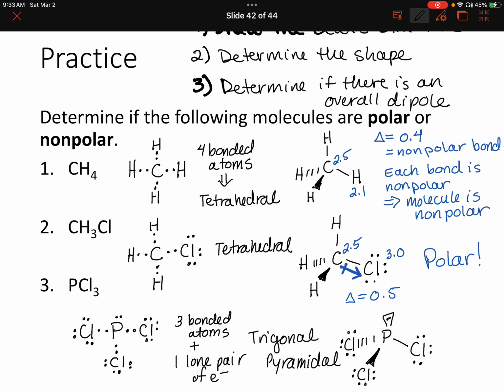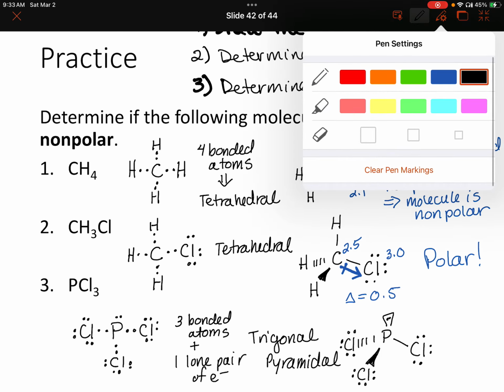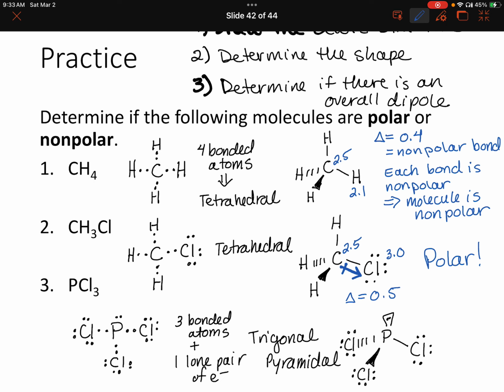All right, so let's look at each individual bond. So between phosphorus and chlorine, phosphorus has an electronegativity value of 2.1. Chlorine has an electronegativity value of 3.0. So that gives us a difference of 0.9. So that is definitely going to be a polar bond.